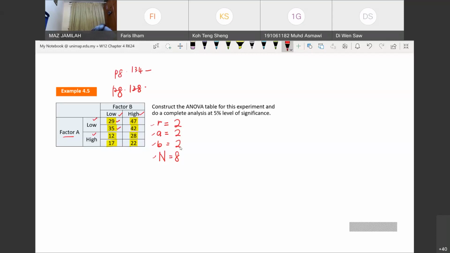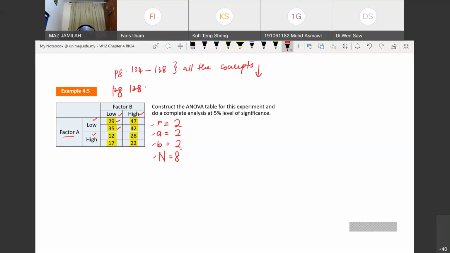All the concepts are being discussed in this particular example.